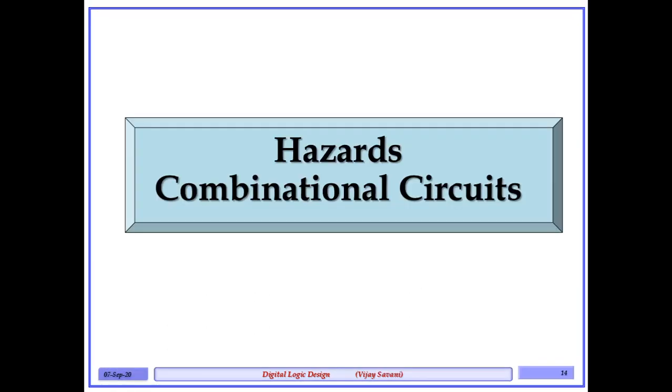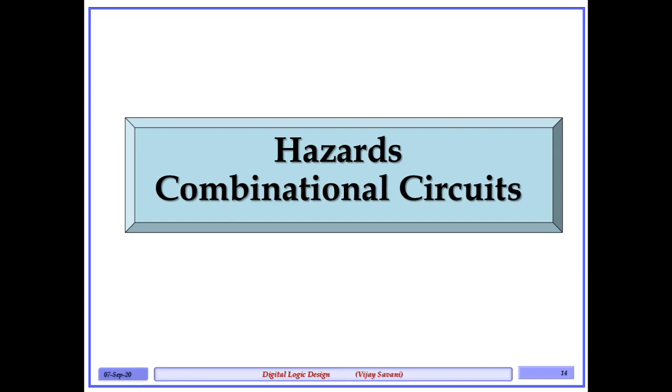Okay, so let us discuss the content of today's lecture and the next consecutive lecture also. We are going to discuss the hazards available in combinational circuits. In fact, hazard is not only for combinational circuits. It may also happen in a synchronous sequential circuit or an asynchronous sequential circuit.